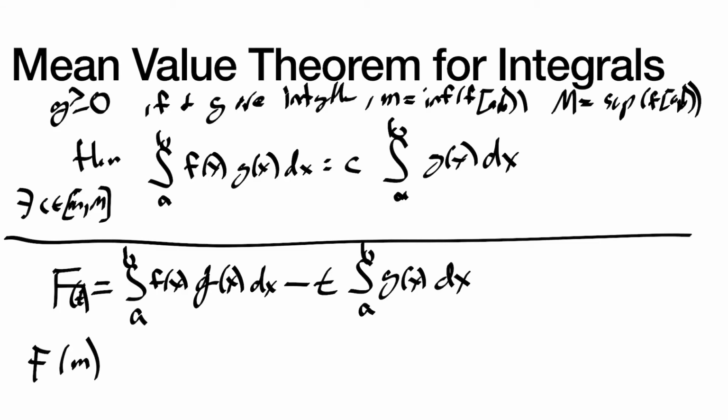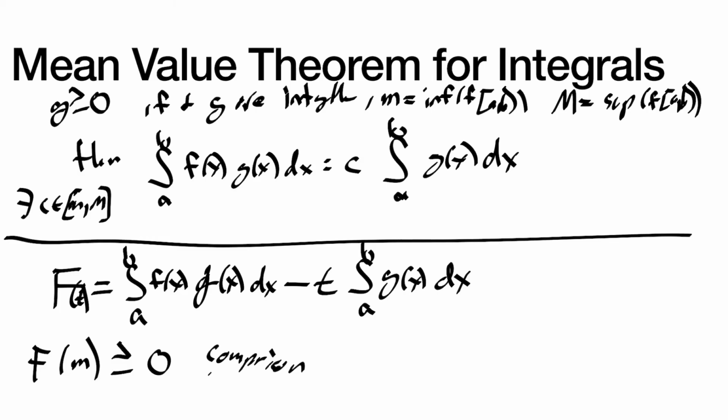If t is, say, the minimum value, right? So capital F of whatever that minimum value is, minus that obviously must be greater than or equal to 0, because if you multiply by the minimum value of f, you always get something less, because that t could be inside of here, right?